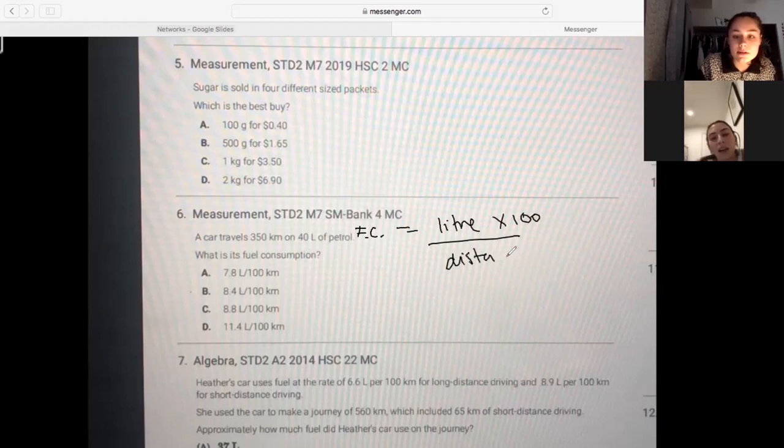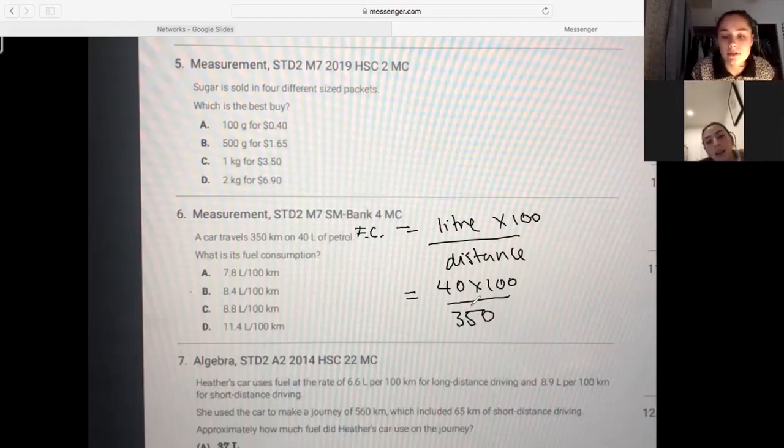That's pretty much what you did: 40 times 100 divided by 350, but you just did 40 divided by 350 times 100. The liters of fuel times 100 over the distance in kilometers. That's what it is.